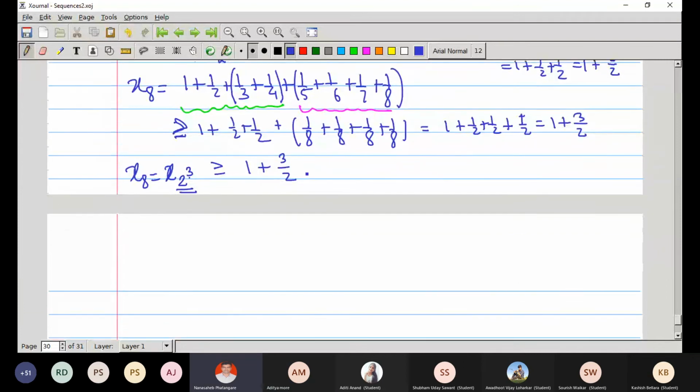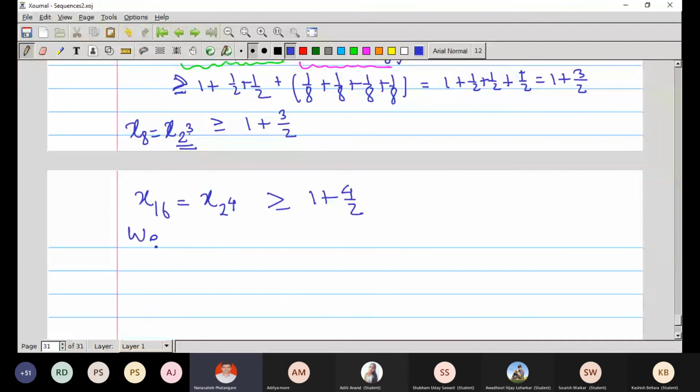Can you tell me now what is x16? x2 raised to 4 actually, 16. Is it greater than 1 plus 4 by 2? Yes, sir. Right, now prove by induction.